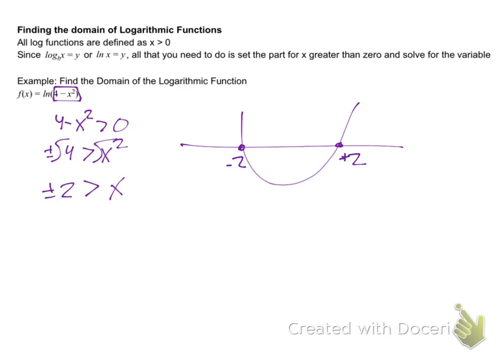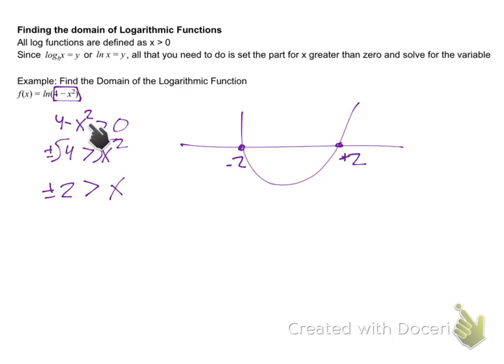Where is that parabola greater than 0? It's greater than 0 here, and it's greater than 0 here. I made a mistake on this little drawing. What did I make a mistake on so far? I found my critical points.